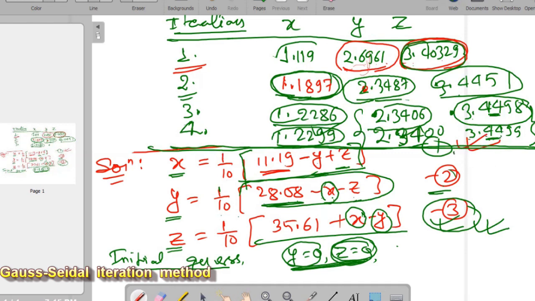So our procedure stops, and the solution is x equal to 1.22, y equal to 2.34 and z equal to 3.44. These solutions are accurate, correct to two decimal places.